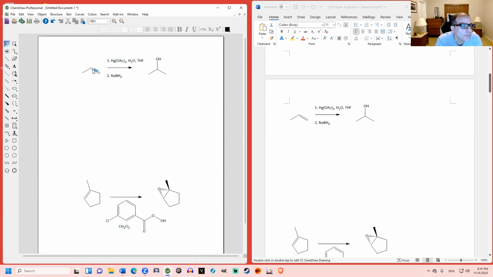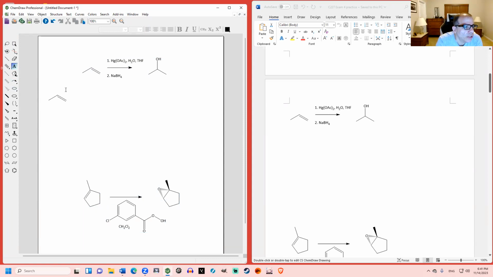All right, this one's a fairly simple one, actually, because, well, the mechanism's not so simple, but I certainly picked a simple starting material. Just propene.